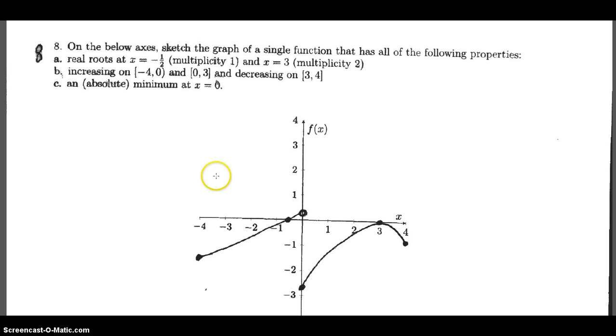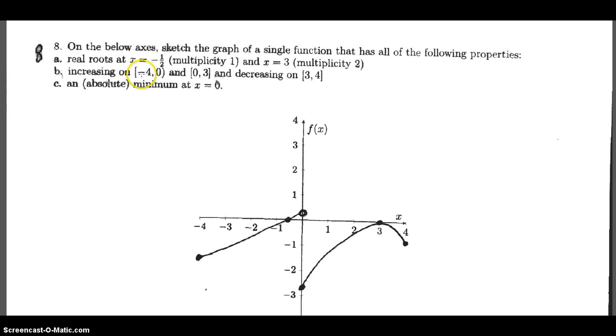Okay, 8, I'd like to point out there's lots of different ways to do this. I'm just going to show you one way. Because we know where the roots are, I would start with that because that's an exact thing. There has to be a point here. The function has to intersect the x-axis at -1/2 and at 3 because those are roots.